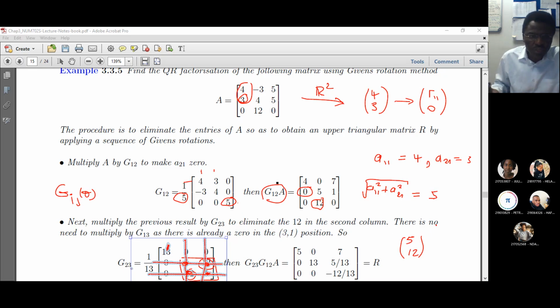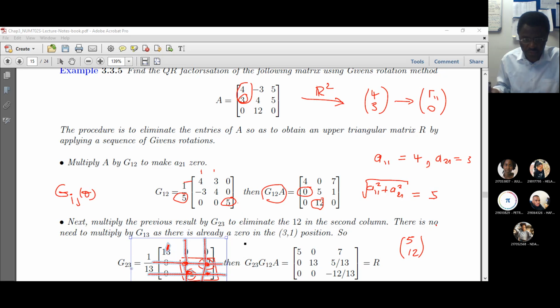Good. So remember that the purpose here is to convert A into R, right? R11, 0, R12, R22, 0, R13, R23, R33.